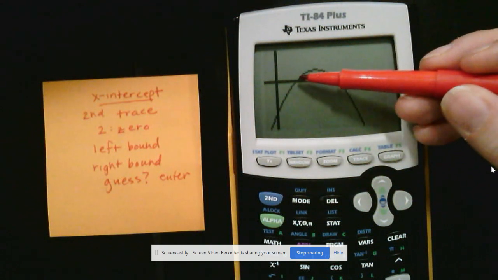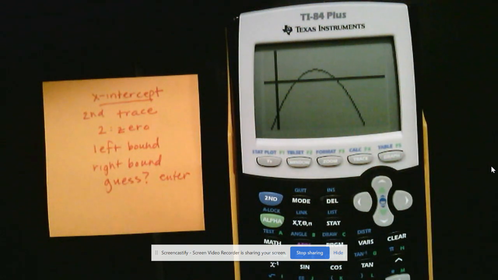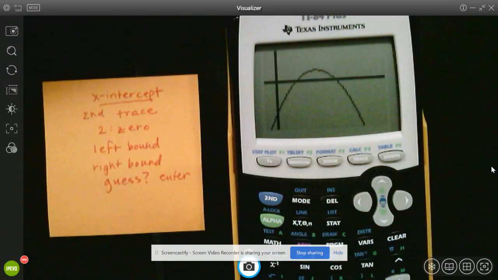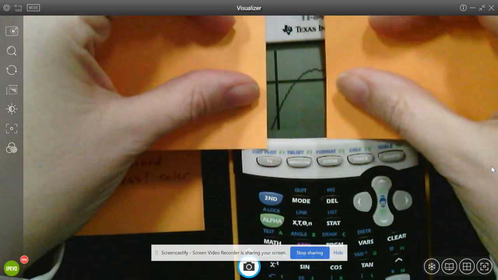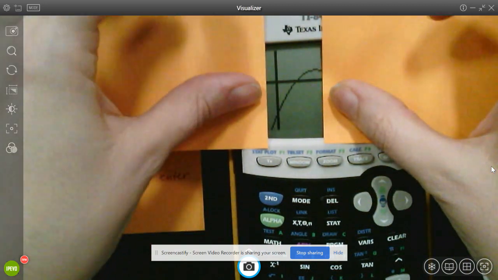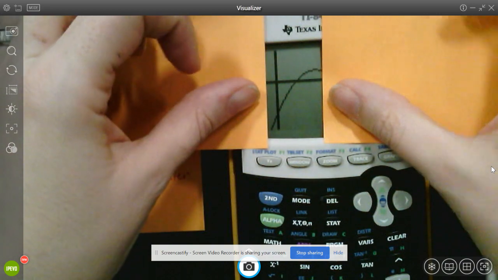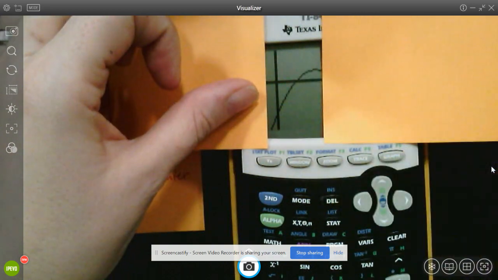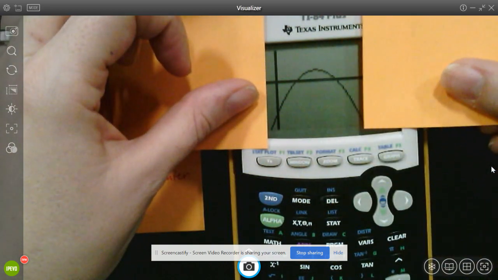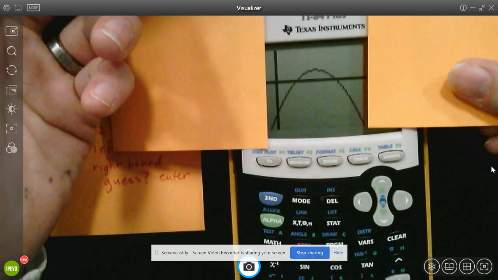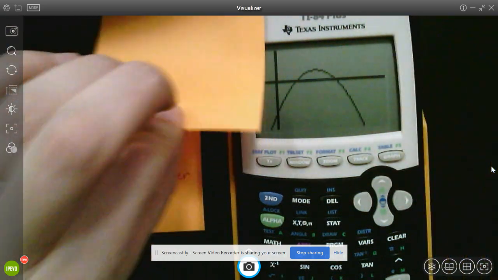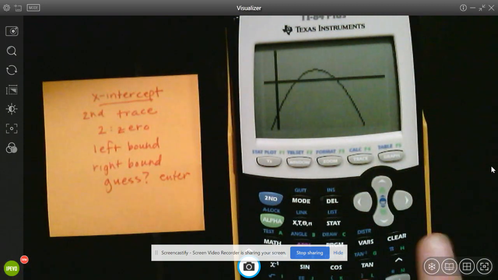I don't know exactly, but when I try to find the first x-intercept, I need to give the calculator a boundary that has it look between here and here, because I only want it to have one x-intercept to name. If I have 2 x-intercepts, the calculator is just going to give me one of them. So let's go through these steps.